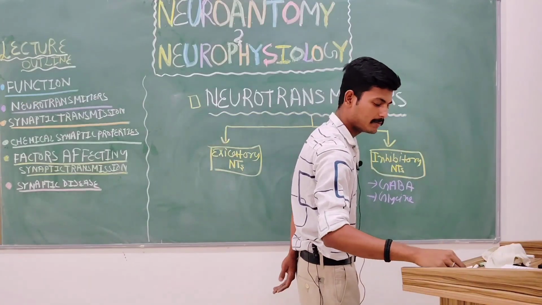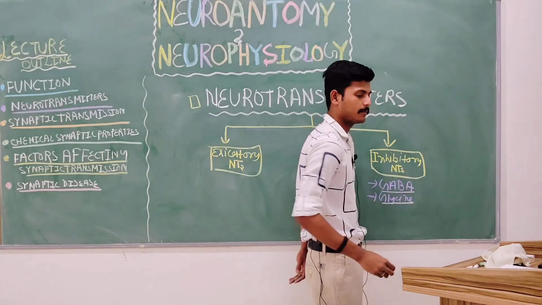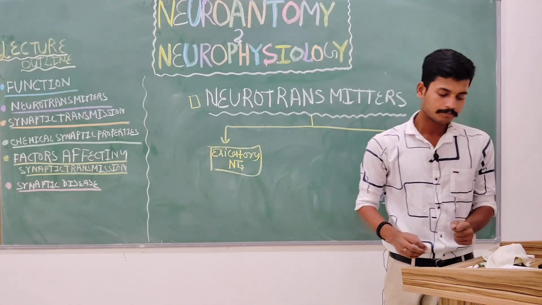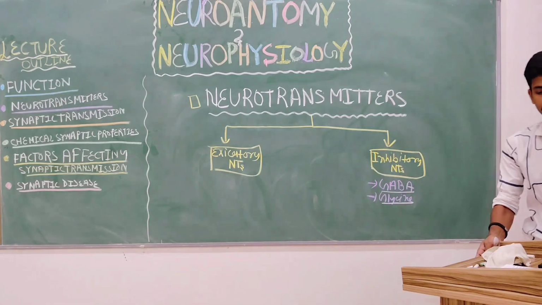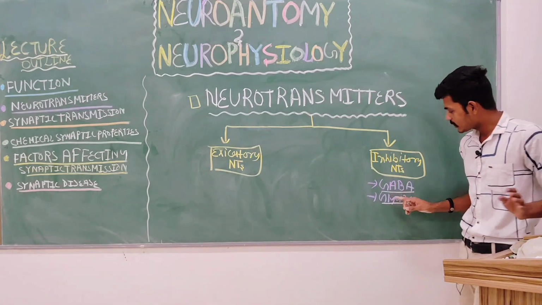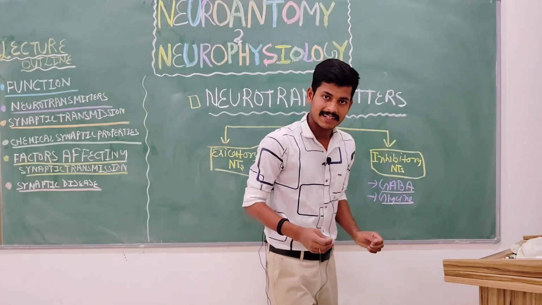These two neurotransmitters are referred to as inhibitory neurotransmitters because of their function. Okay, are you able to see it? The first one is called GABA, and another one is called glycine.